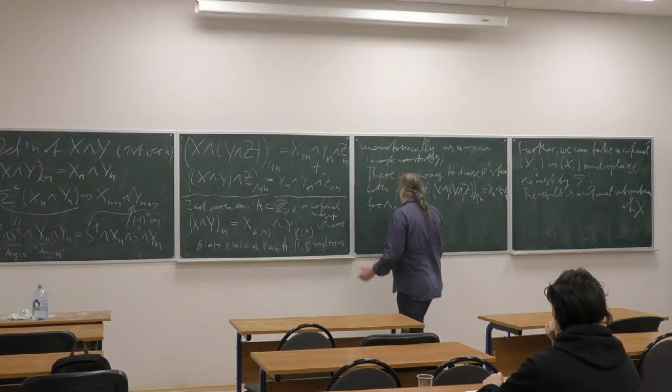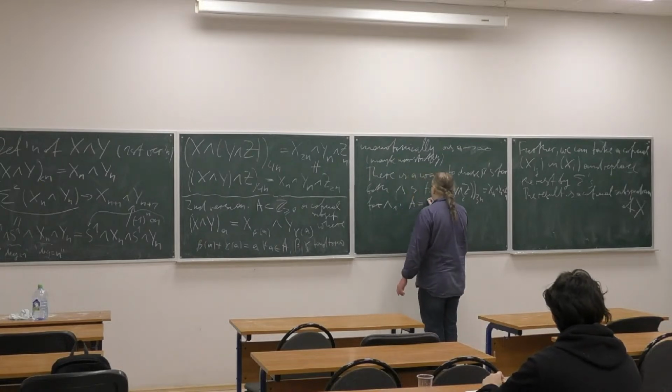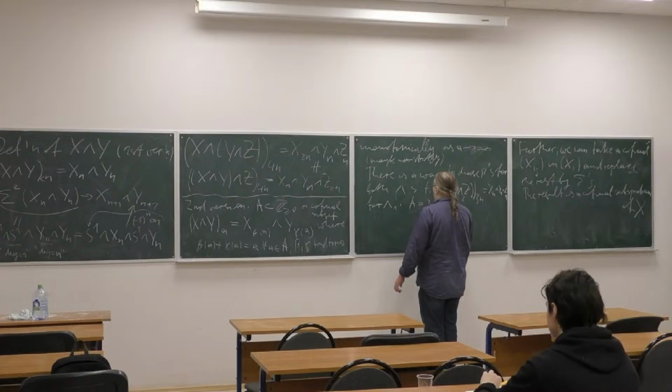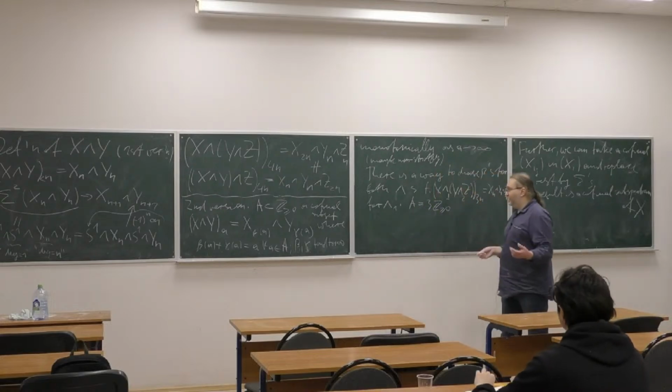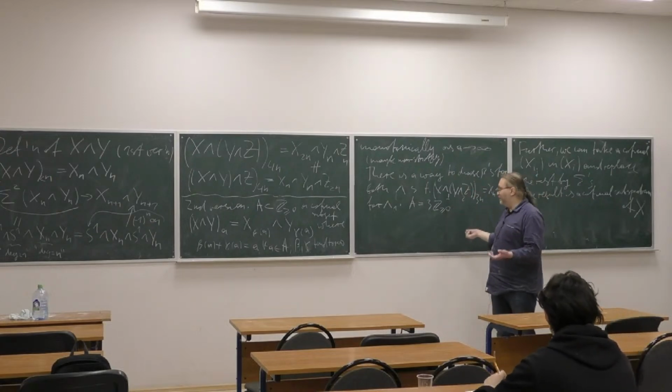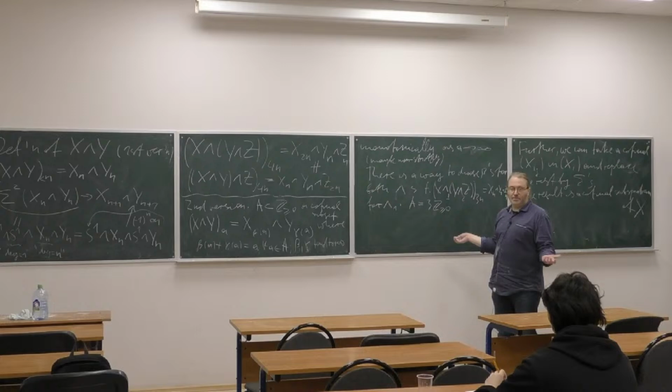For smash 1, I take A equal the set of all integers divisible by 3. Why? Because why not?